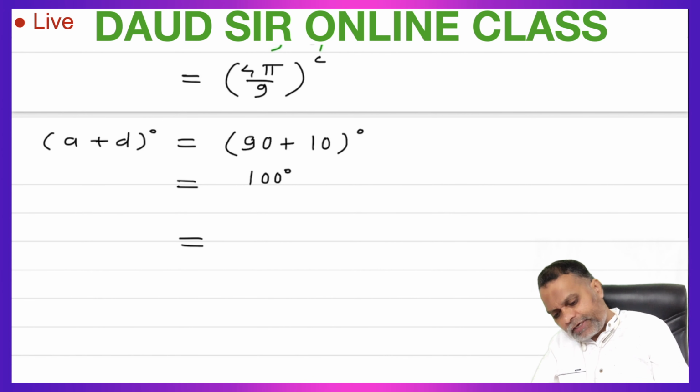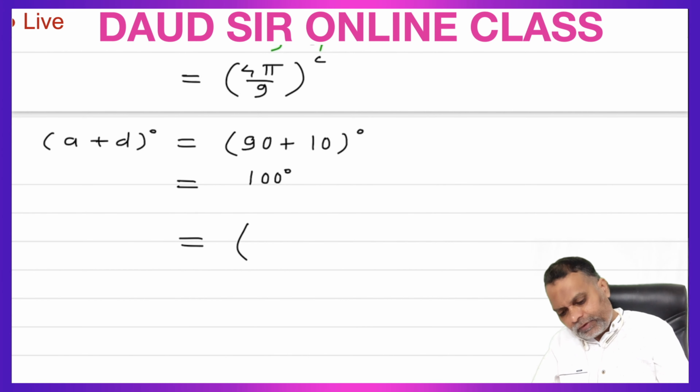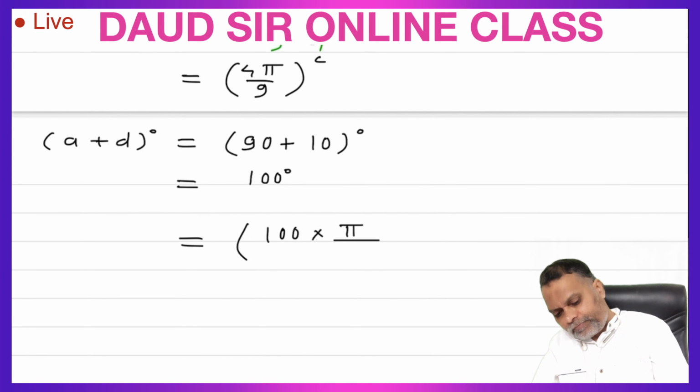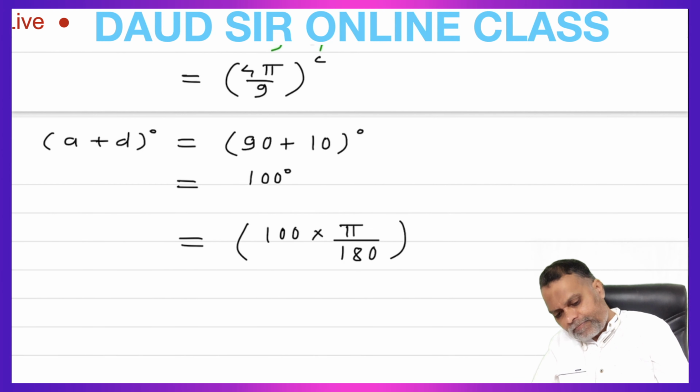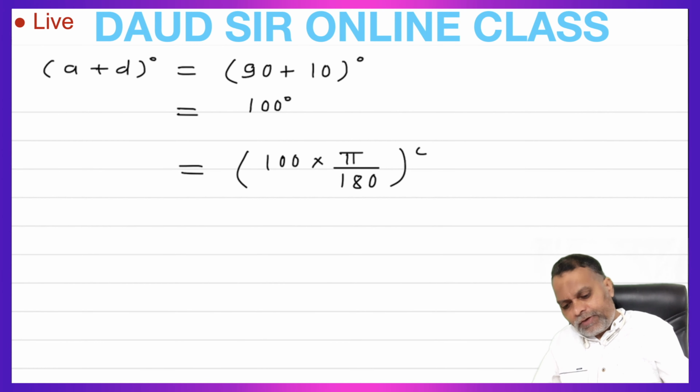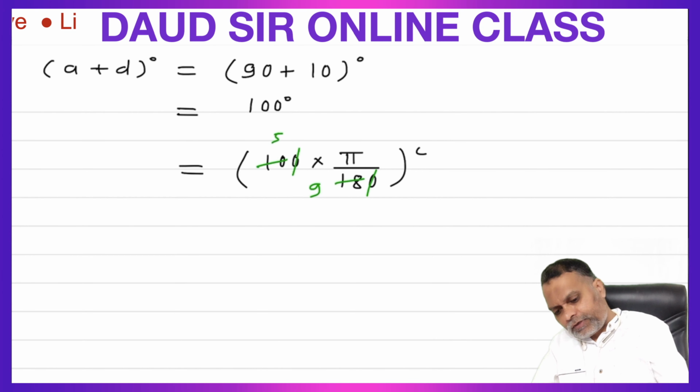So this 100 degree we can convert into radian multiplying by pi by 180. So 100 into pi by 180 radians. Simplify this: 0, 0 cancel, 2 5s are 10, 2 9s are 18, which is equal to 5 pi by 9 radian.